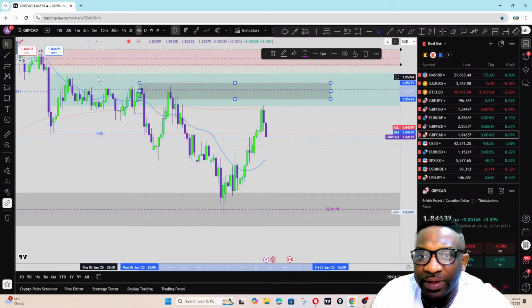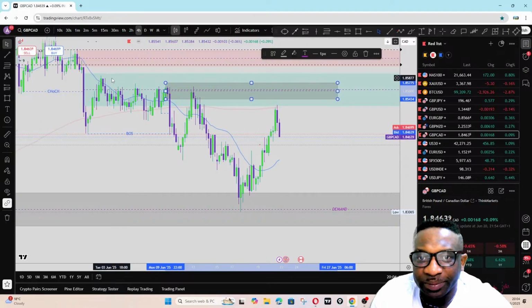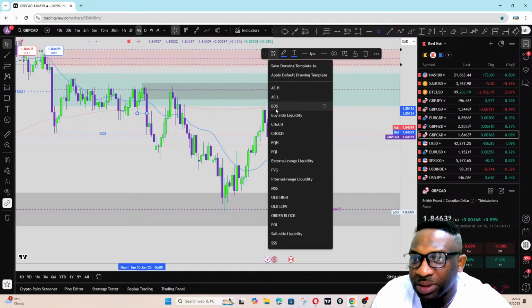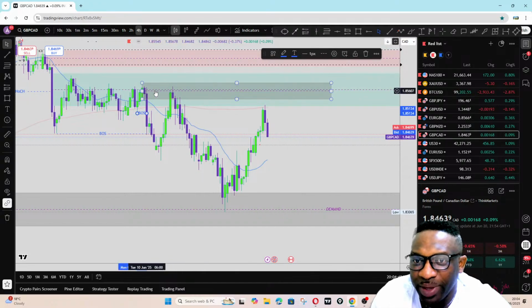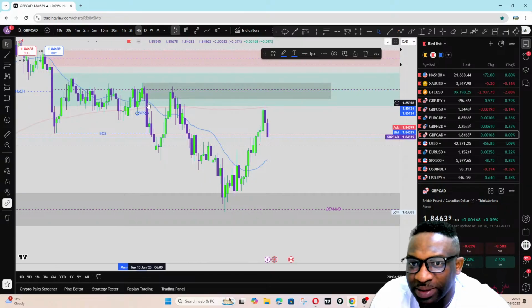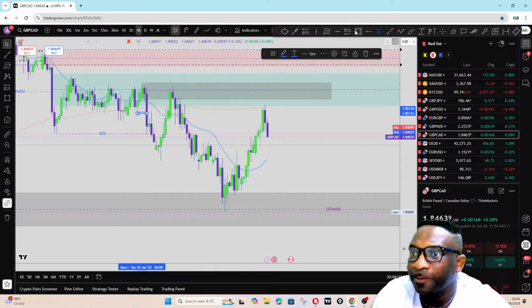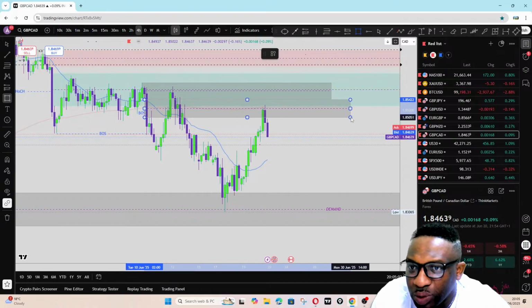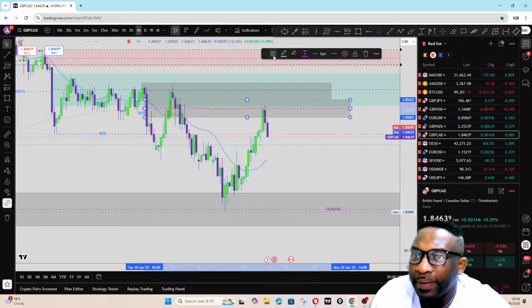We have this 4-hour area of imbalance here, and then a break of structure here, which the origin is from here. There's also some imbalance attached to this area that we are referring to.